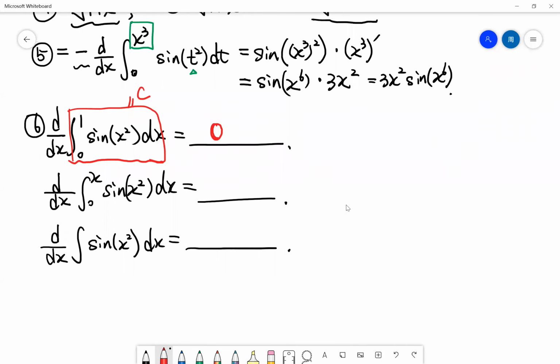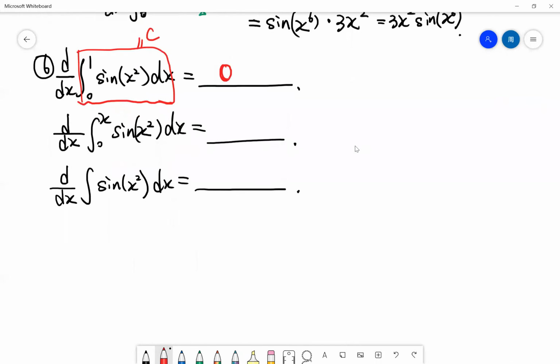Okay. And number 2, second. Here I write x to make you confused, but as we have talked about, you can use any letter to replace x here. So I write x, you can write t, right?